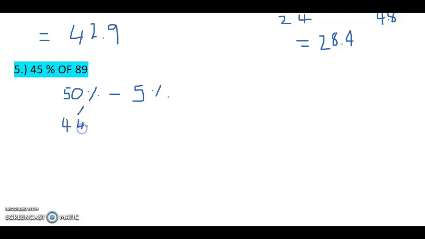And 5% of 89 is 4.45. Therefore, 45% of 89 is 40.05.